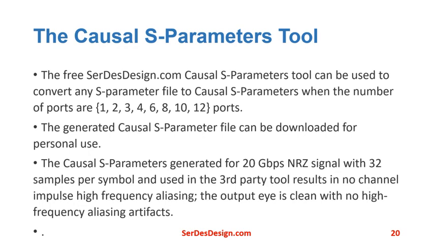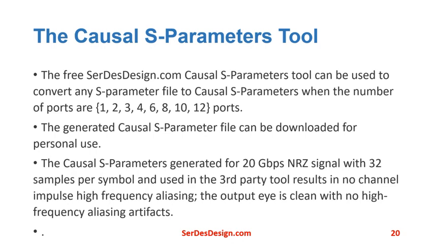The Causal S-Parameters tool can be used to convert any S-parameter file to causal S-parameters when the number of ports is 1, 2, 3, 4, 6, 8, 10, or 12 ports. The generated causal S-parameter file can be downloaded for personal use.